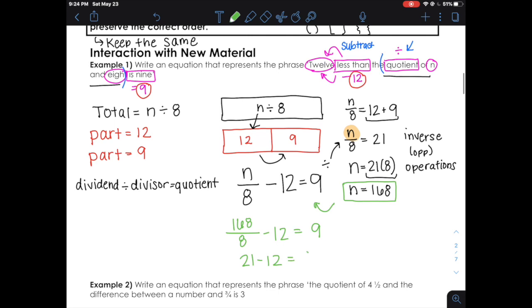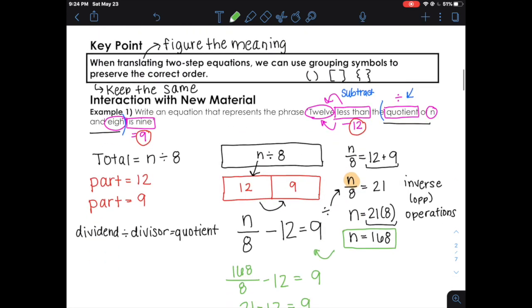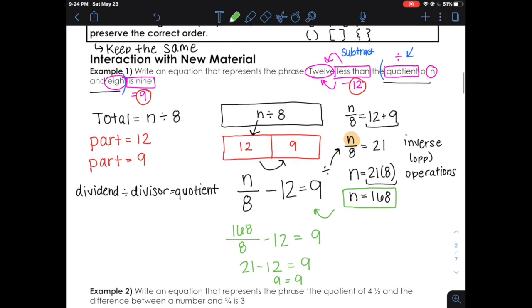And then I subtract 12, is supposed to give me 9. 21 minus 12 is 9, and 9 equals 9. So it is true. So the correct equation for that phrase is n divided by 8 minus 12 equals 9. And see, there's different ways you can say it.